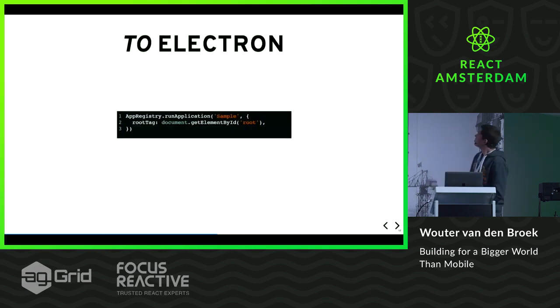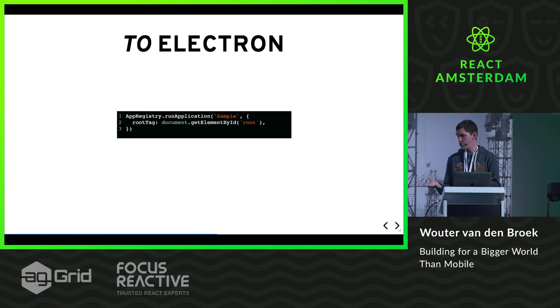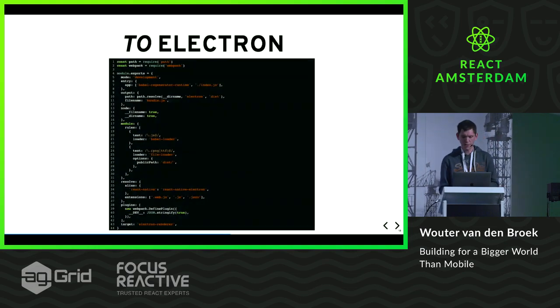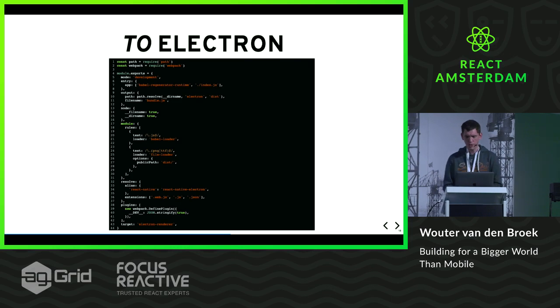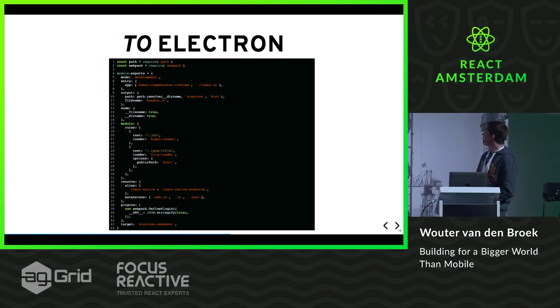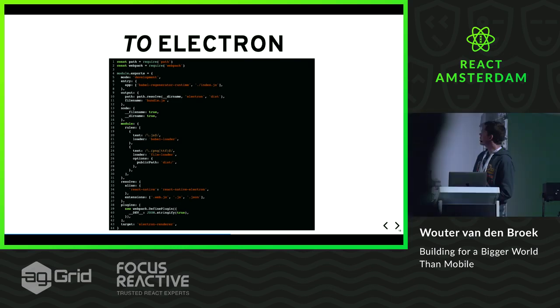So the first thing, it's a little small, this is the latest thing you do with React Web. You just ask the wrapper for the HTML, and that's it. So it knows where to put all these divs, etc. That's the first step. The second step is the Webpack configuration, which uses the React Native Electron package to see what it needs to transcompile and what it needs to resolve.